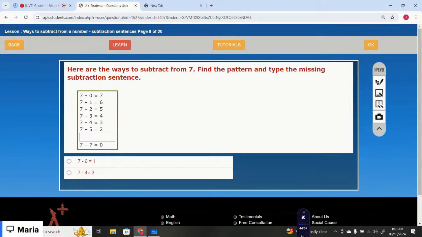The correct option is 7. Take away 6 is 1. Option number 1 is the correct option.